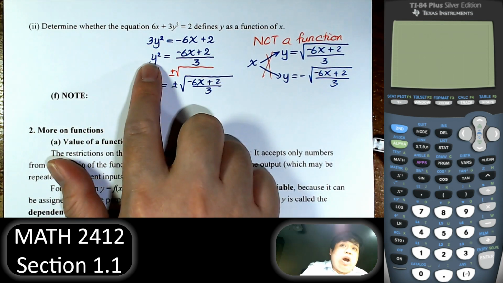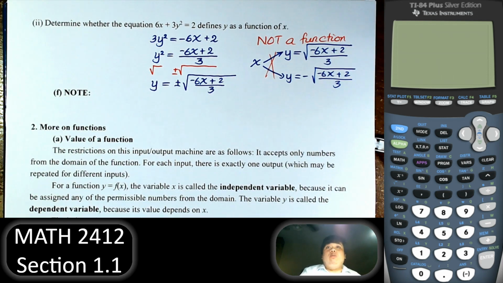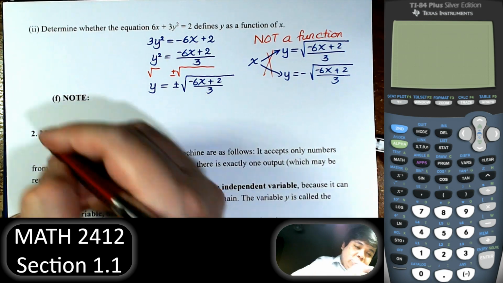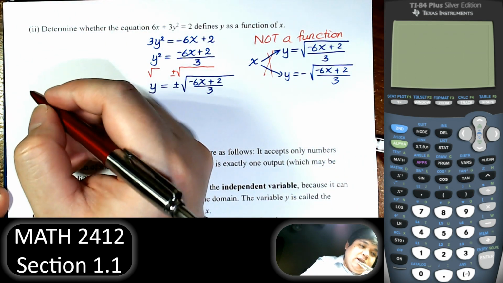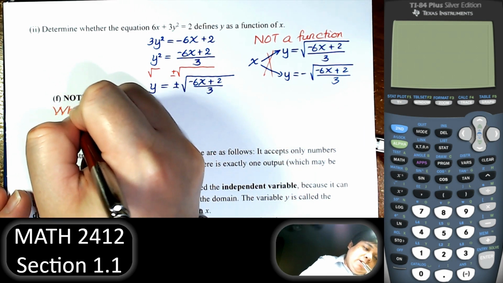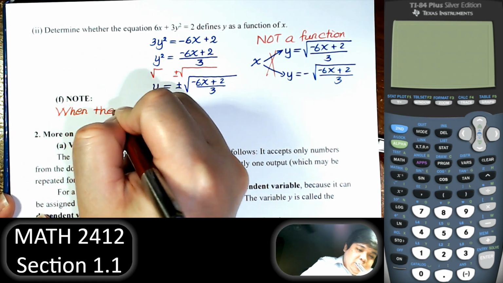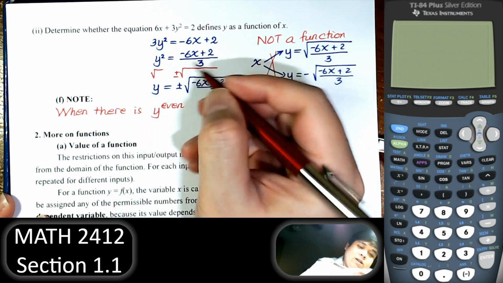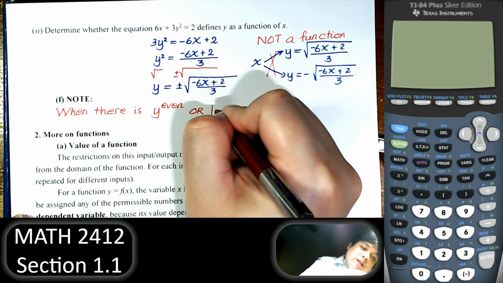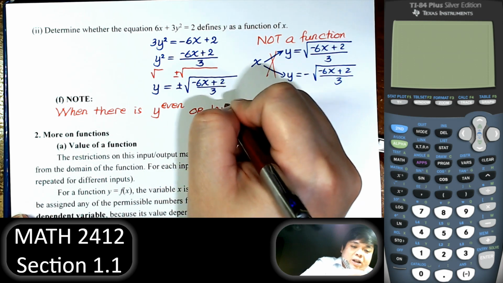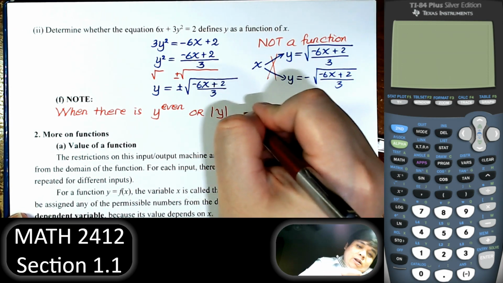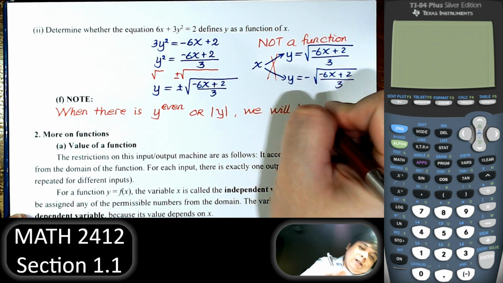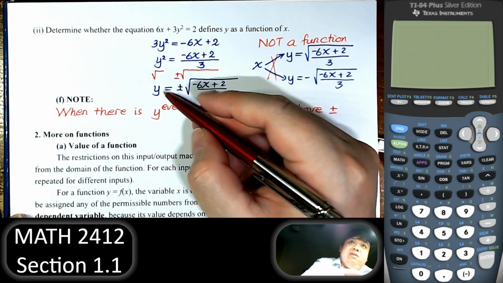In general, if we have y squared or absolute value of y, potentially we may have plus or minus. So that's why I'm going to write this in the note. When there is y squared or y raised to an even power, or we have an absolute value of y, we will have plus or minus like this.